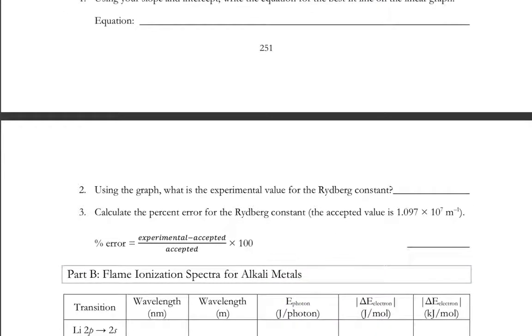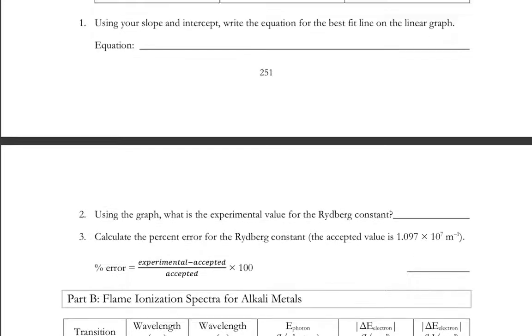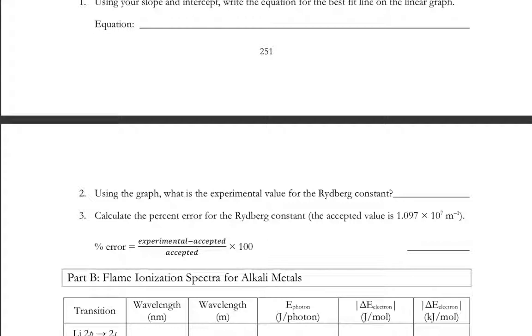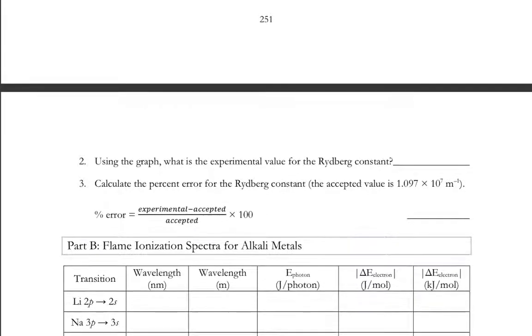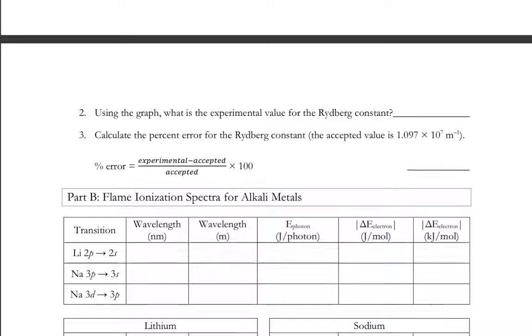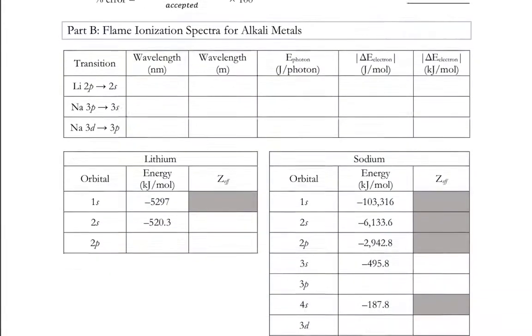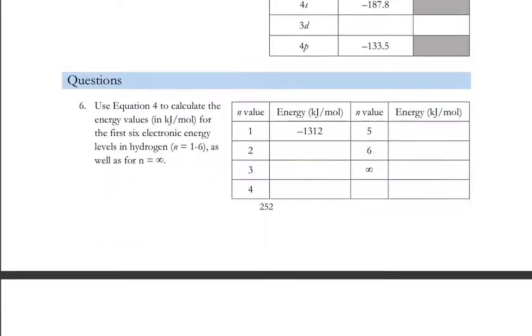Okay, so from this, answering number 2, what is the value for the Rydberg constant from your experimental data? And then you do problem number 3, which is having you compare the experimental one with the accepted one. You can skip this part B here. And then for the questions, this one is called question 6.